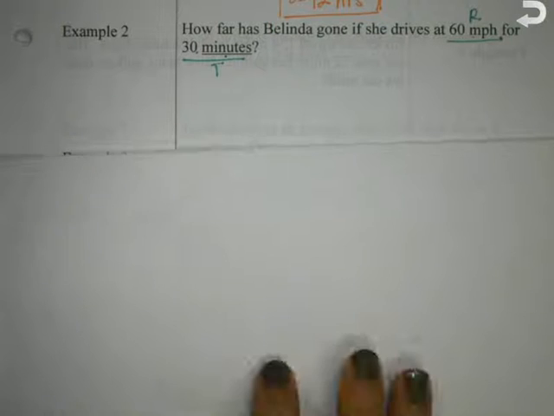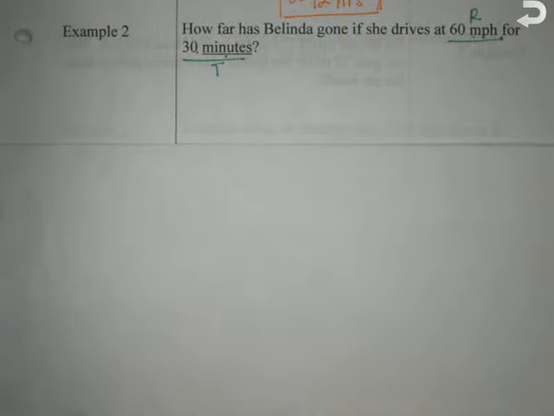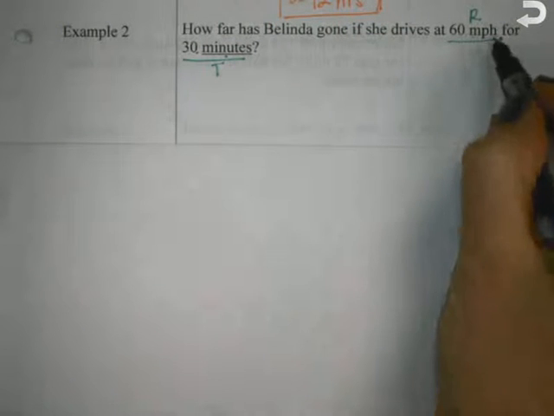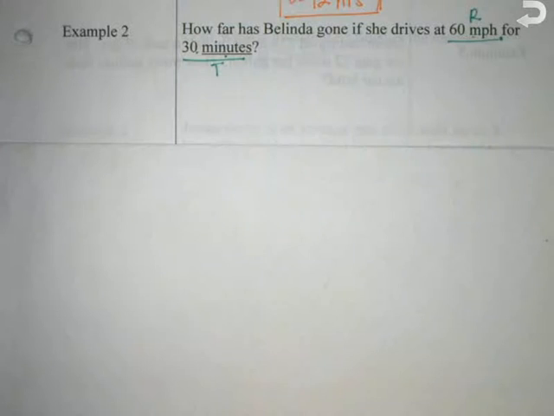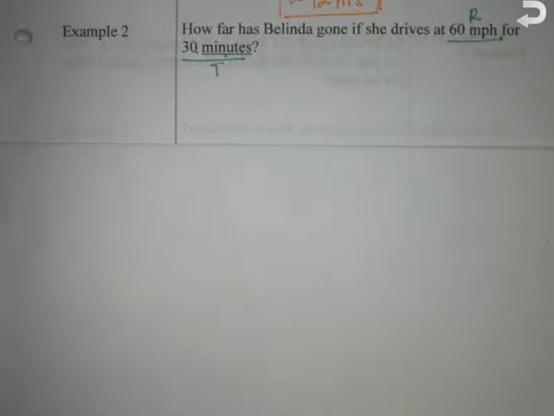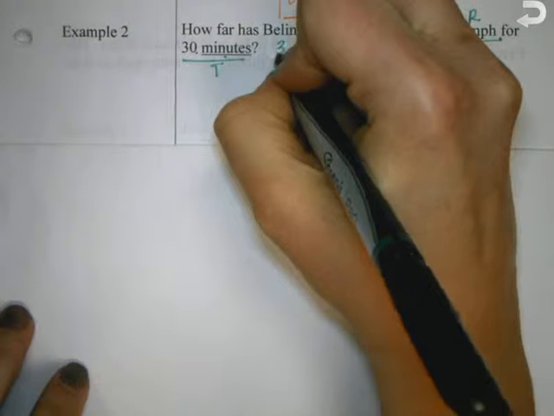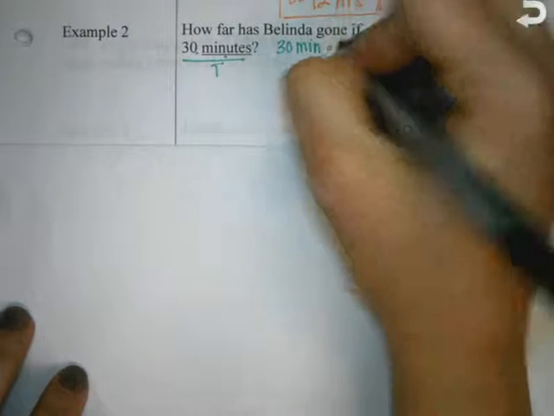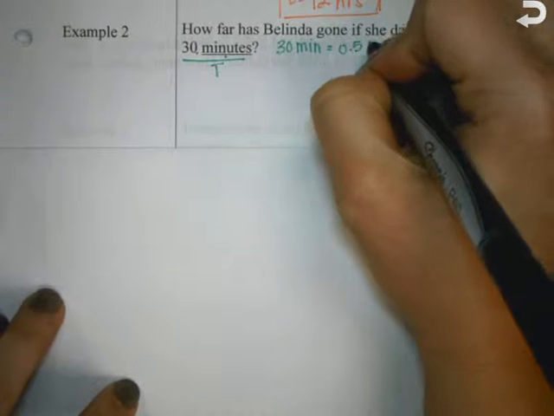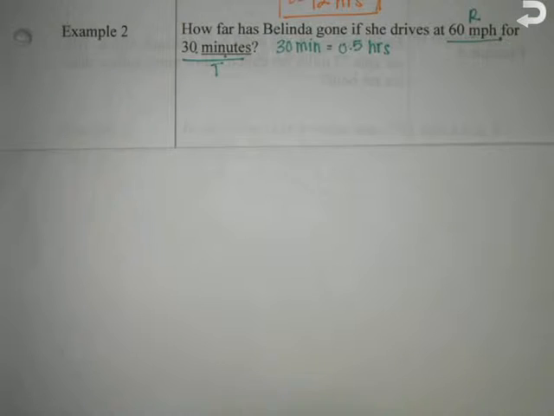So if my rate is in miles per hour and my time is in minutes, how can I rewrite my time so that it's in hours? 30 minutes equals how many hours? Half an hour. So 0.5 hours. 0.5 hours. Right? Okay.